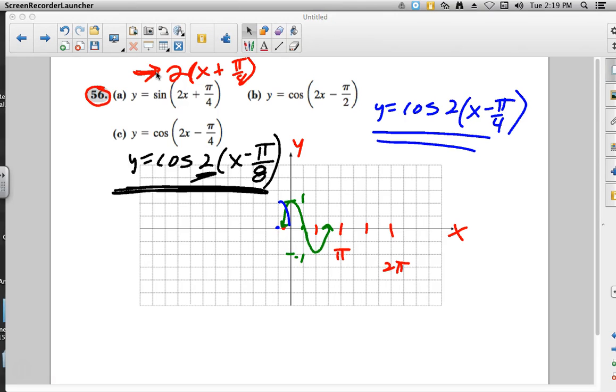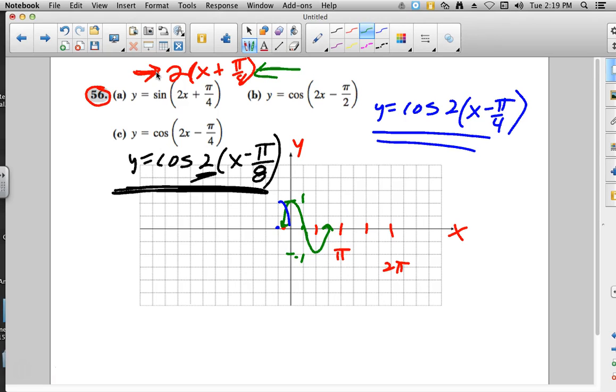C has cosine of 2x minus pi over 4, but again what we need to do is factor. And already, you know, pretty suspicious that things are going to work the way that we want it to here when we see that we have a negative pi over 8. Now, you might think, well, how's that going to work? The other one was plus pi over 8, and this one is a negative pi over 8.